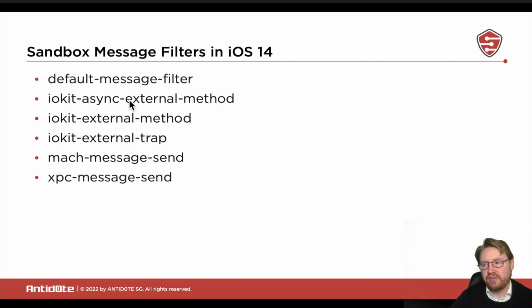Therefore there's a separate message filter so that you can specify which asynchronous external methods can be executed. And what we just saw is Mach message send and XPC message send. These are special filters so that you can control which XPC message and which Mach message can actually be executed. Previously you could only allow all or none.